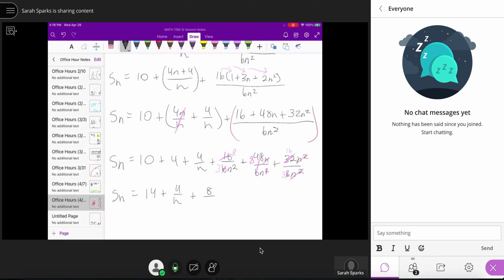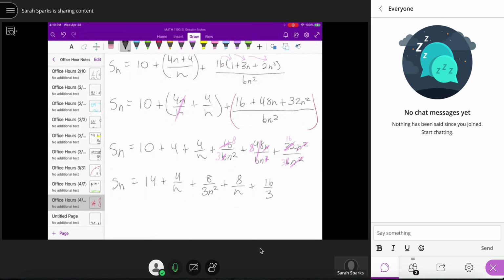Plus 8 divided by 3n squared, plus 8 divided by n, plus just 16 over 3. Alright, so we're going to need to add these 14 and 16 over 3, and then add that 4 over n and 8 over n together.